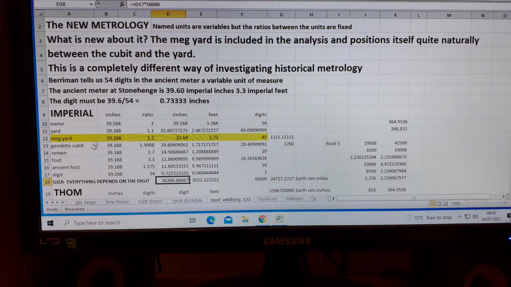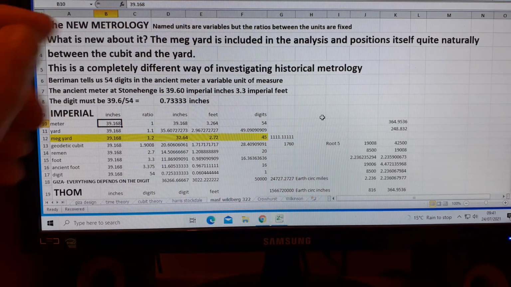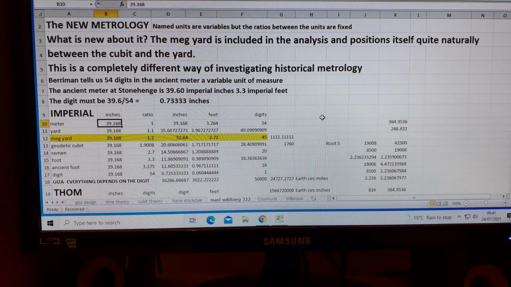They're being asked about our modern metrologists who've told us that they've uncovered the design of the Giza pyramid. And the way they've done it is they've worked out that the cubit is a base 12 cubit. And we can actually put the cubit in because we know what the meter is that relates to the base 12 cubit.